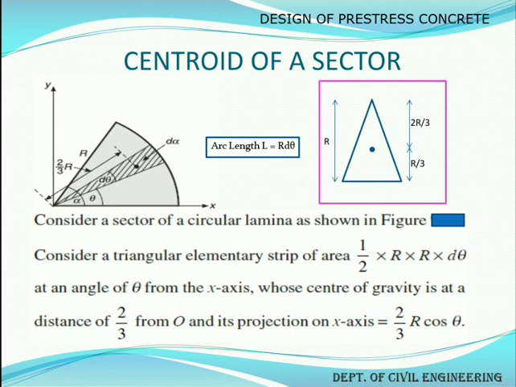A quarter circle will subtend an angle of 90 degrees, whereas a semicircle will subtend an angle of 180 degrees. Whereas in case of a sector, it is such an element which can subtend an angle alpha depending on the requirement. So angle alpha will be the given data in case of a sector.